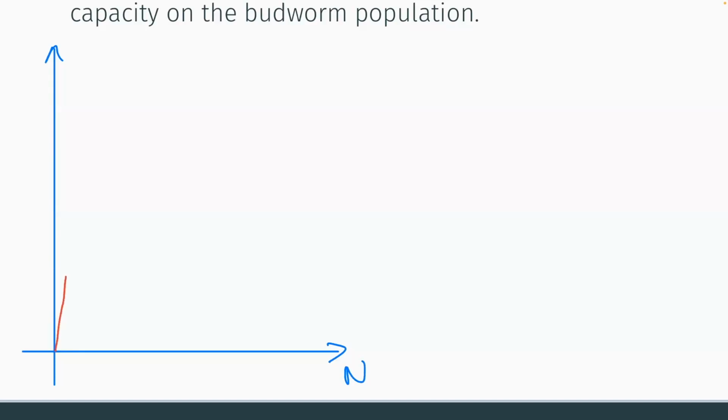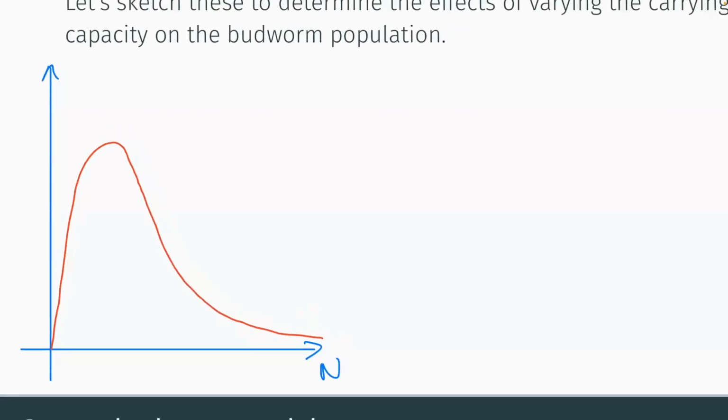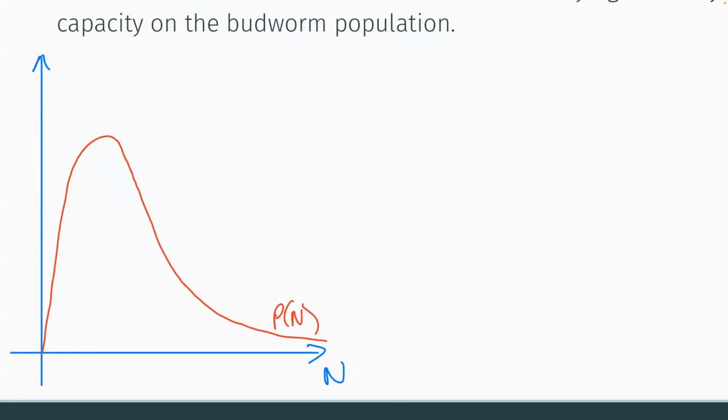Let's draw this on first of all. The predation curve, when it's the per capita predation curve, looks something like this. And this is my capital P, my per capita predation curve.